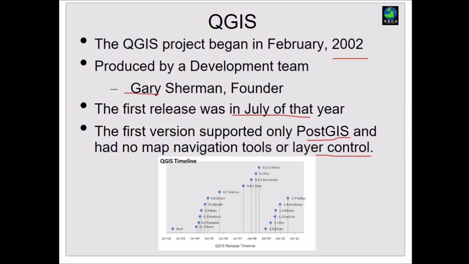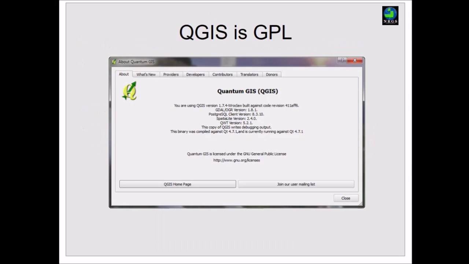But as the timeline grew, we have many versions of Quantum GIS. Quantum GIS is GPL, which means it is licensed under the GNU General Public License, and there are various versions, the latest being the most recent release.